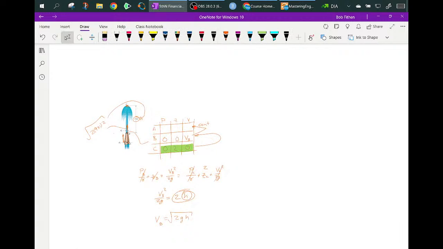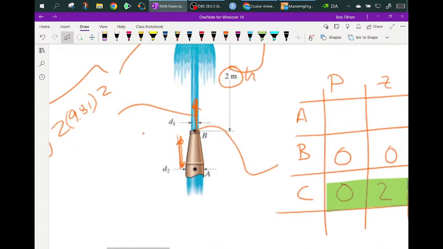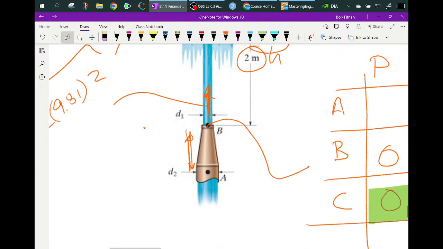That may be used to determine the required water pressure at the pipe at A. Okay, now here you're going to have to assume this is small since I don't think he gives it to us. I don't see it.